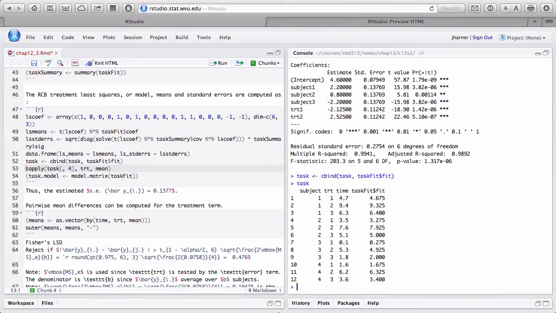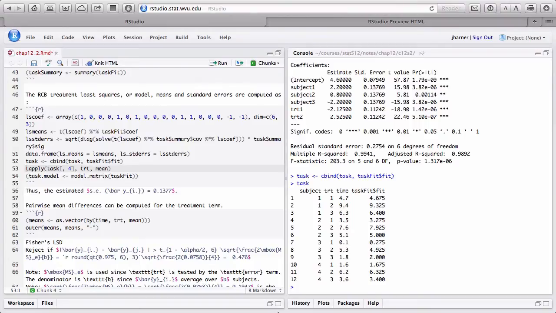The first three columns are the original data set. What do you think that last column is? Well, the fitted values are the y-hats. They are estimates of the actual values, the times. So notice that 4.7 is what we measured, but the model estimates it as 4.675.